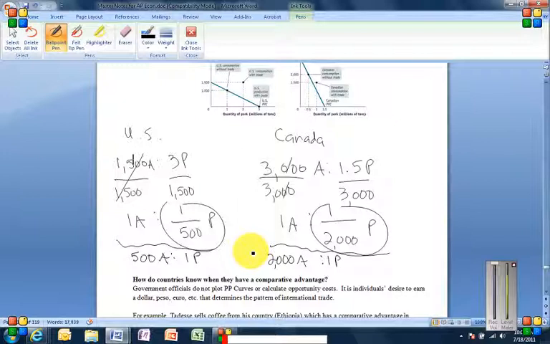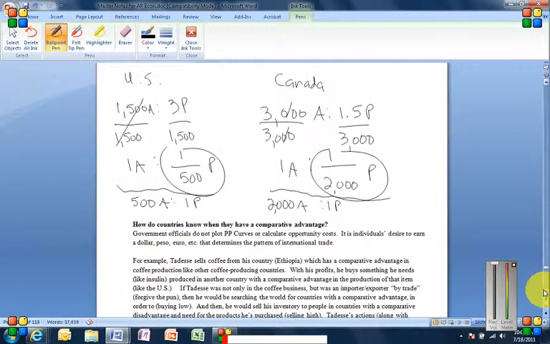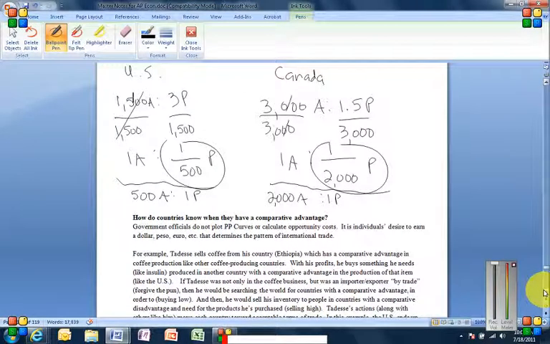Now, this sounds really good, and of course trade is widespread across the globe. But how do countries know when they have a comparative advantage? Well, the first thing you need to know is that government officials are not sitting in some office plotting PP curves or calculating opportunity costs. And all this work that we've done before is based on a model to emphasize the idea that trade can make two countries or two individuals better off than if they didn't have trade.